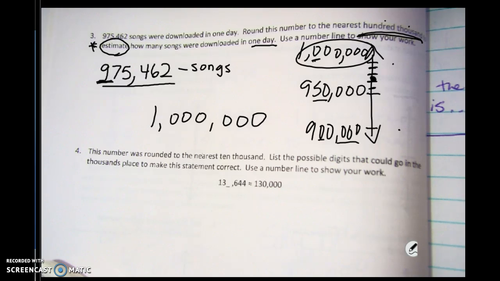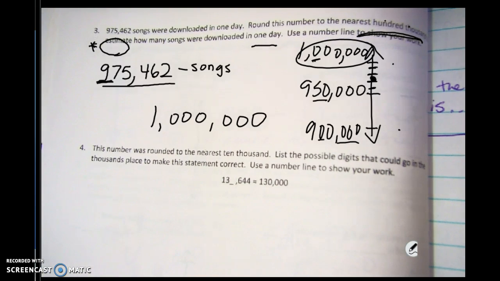Now, remember, yesterday we worked on rounding just to the thousands. Today we're rounding to any place value, but primarily the 10,000s and the 100,000s. Remember what your goal is when you go on to numbers 4 and 5.